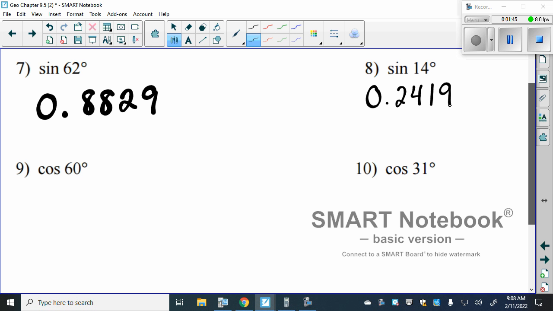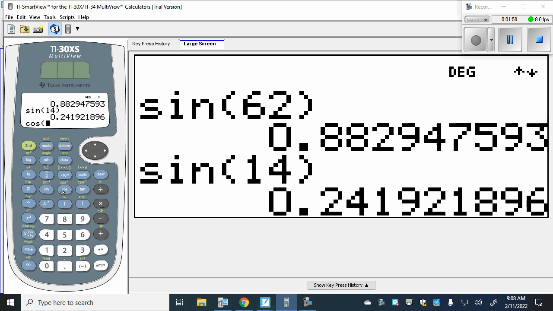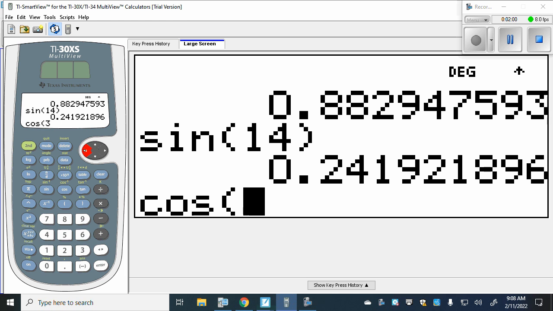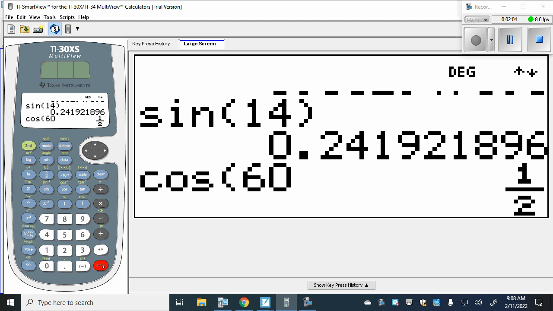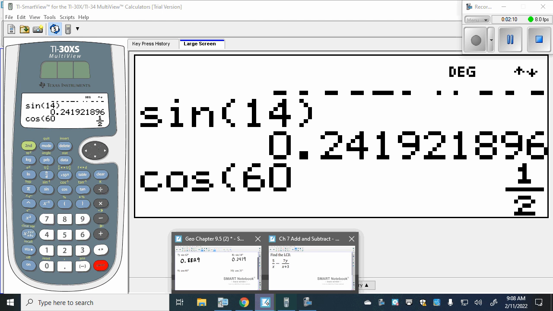Now if we did the same thing for cosine of 60, we would get, so let's see here, cosine of 60 is 1/2. Because we're looking at cosine this time.